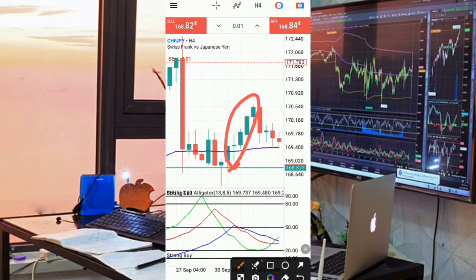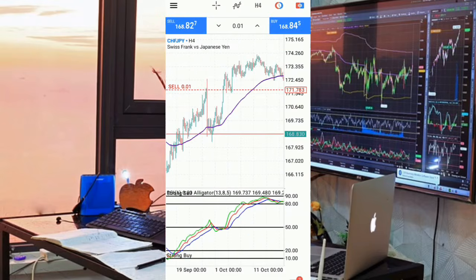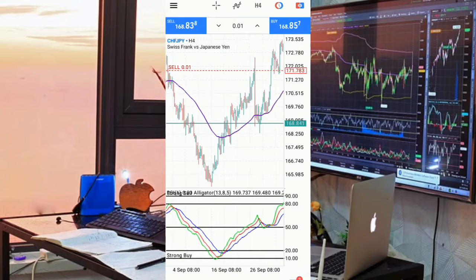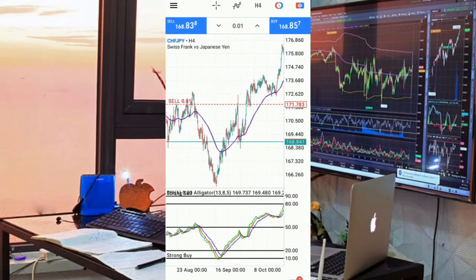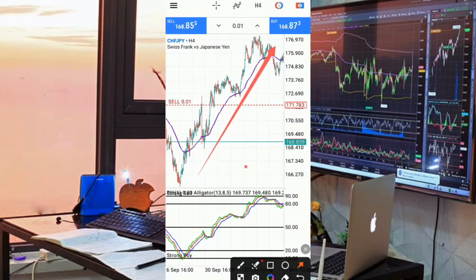If price is going to be bullish, the second thing we need to mind down here is to make sure that the alligator is also open. If the alligator is open, that is our confirmation that we can make a buy entry, and price, as you can see, just kept on escalating and going up all the way from our breakout point over here.